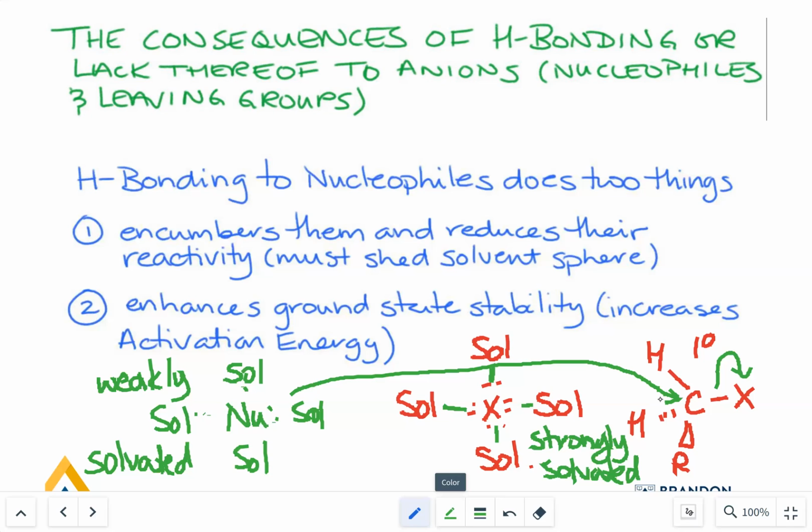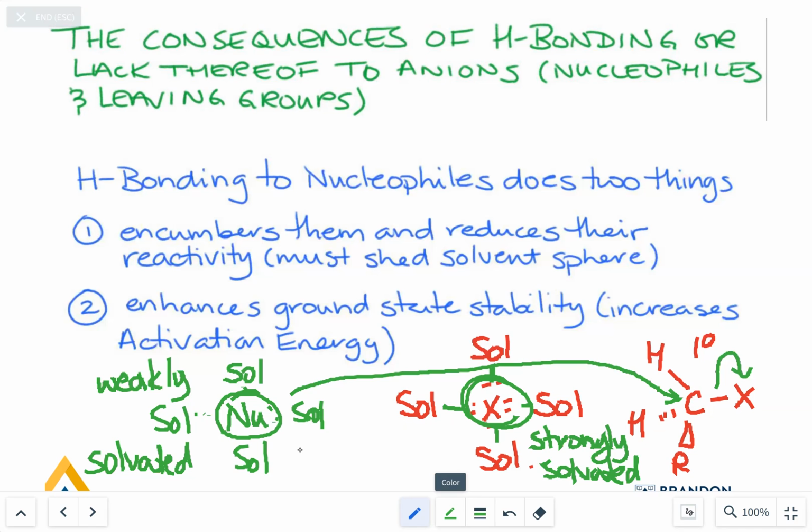But if they're dancing by themselves, as Billy Idol would say, it would be a whole lot easier to dance up beside them or do whatever. So if you're surrounded by a bunch of solvent, it's going to be hard to attack where you want to go. But if you're loosely solvated by them, it's going to be easier.